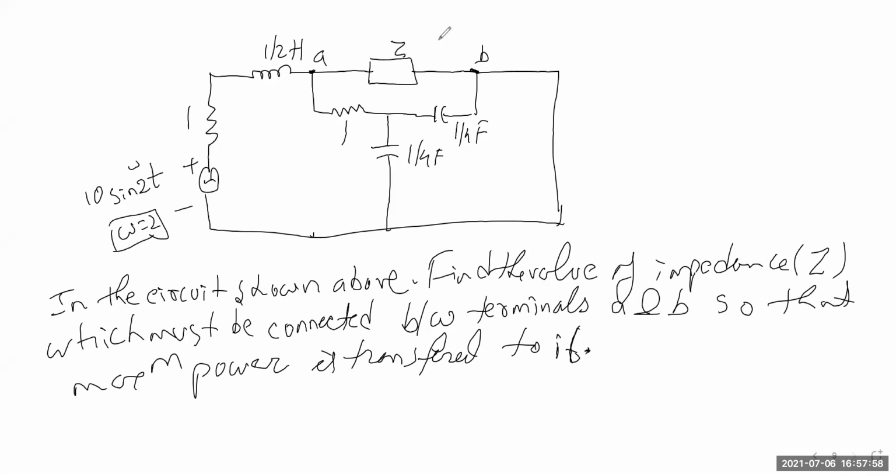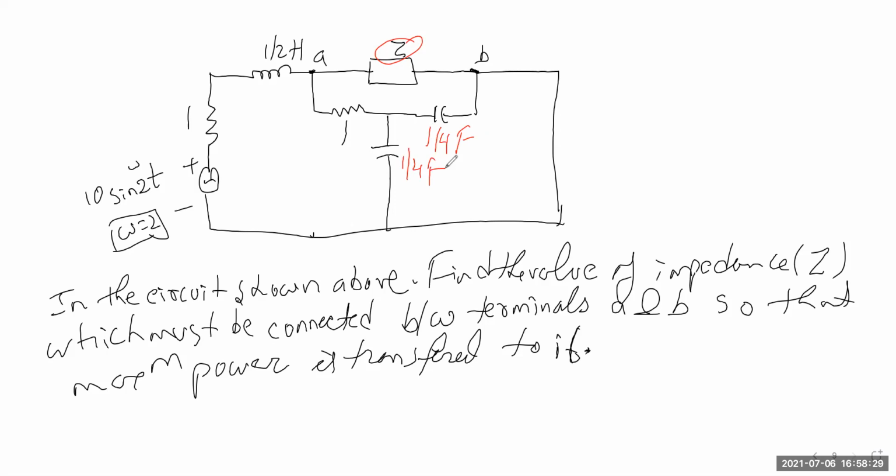We have to find the value of this Z. Okay, this is 1 by 2 Henry. This is 1. This is 1. This is 1 by 4. This is also 1 by 4. Okay, you have to find it.